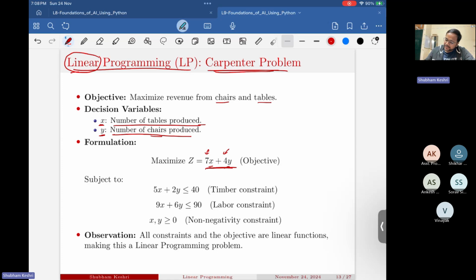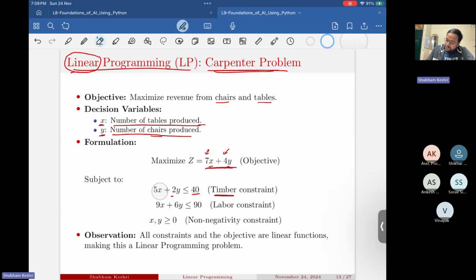There are some constraints. The total timber, or wood, he has is 40 units, and a table requires 5 units of timber and a chair requires 2 units of timber. So 5x is the total timber required for tables, and 2y is the total timber required for chairs. We are producing y chairs, so we'll have 2y.